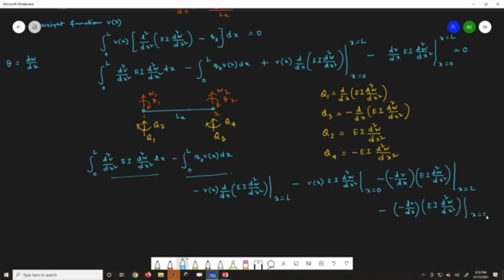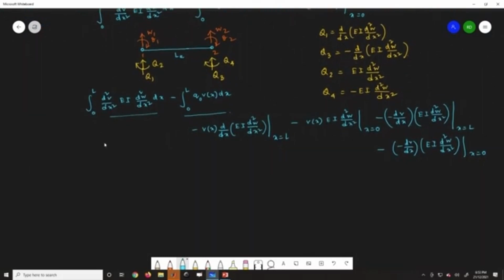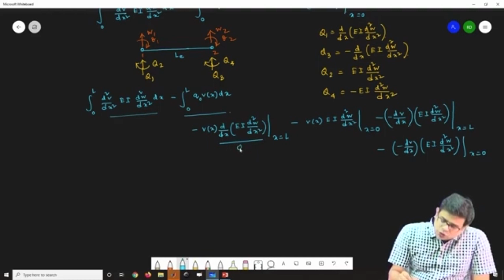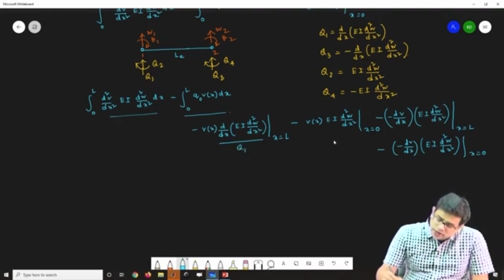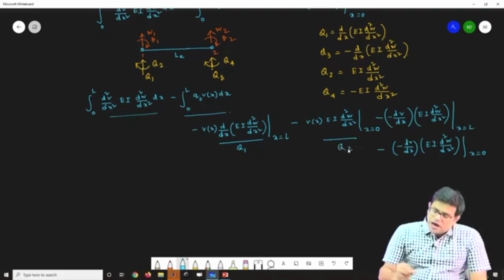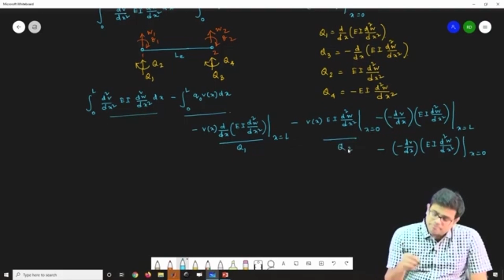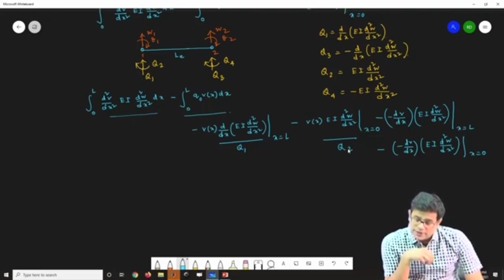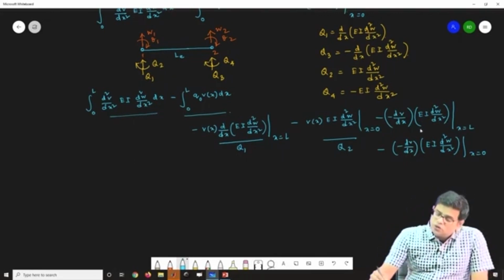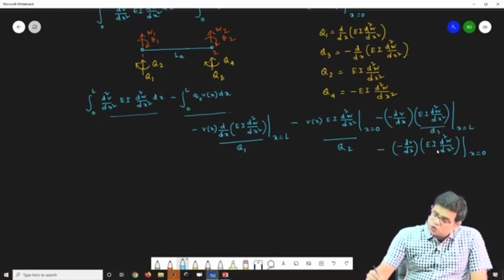This is at x equals 0. Now if I write it properly, this term is essentially my Q1, this is my Q2, and after discretization this is Q3 and Q4, and so on.